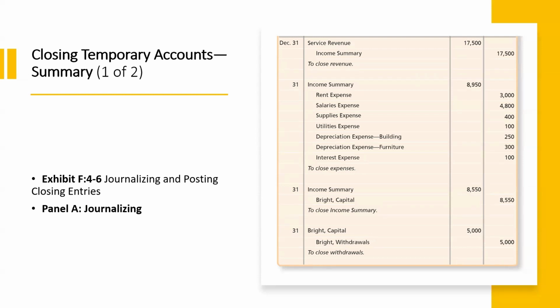Here in Exhibit 4.6, it shows the complete closing process for Smart Touch Learning. And here to your right is panel A, giving you those closing entries: close out revenue, close out expenses, close out income summary, close out withdrawals.